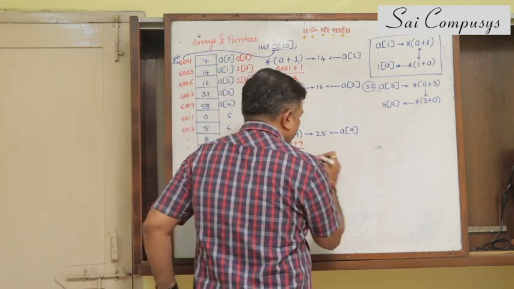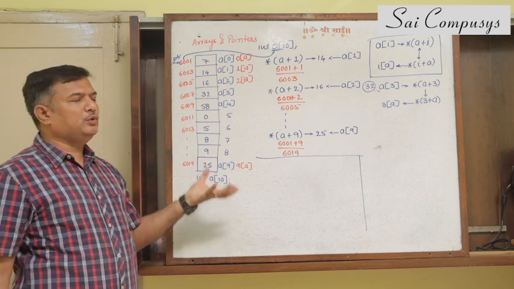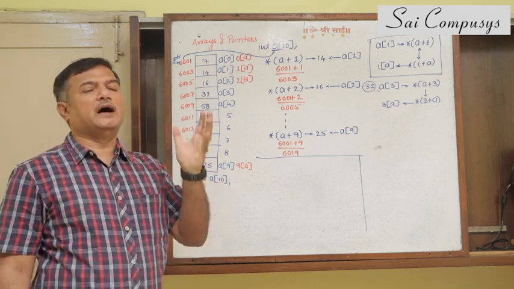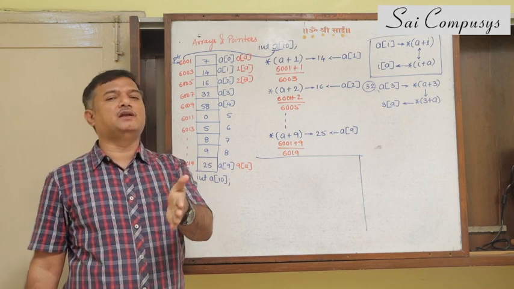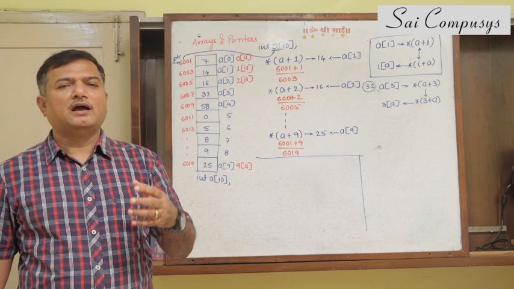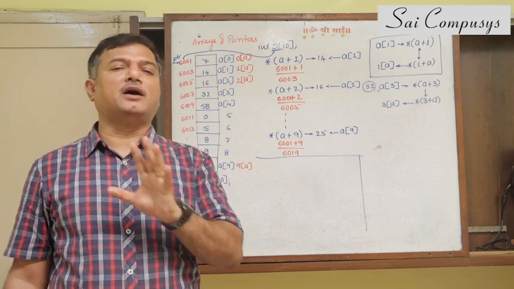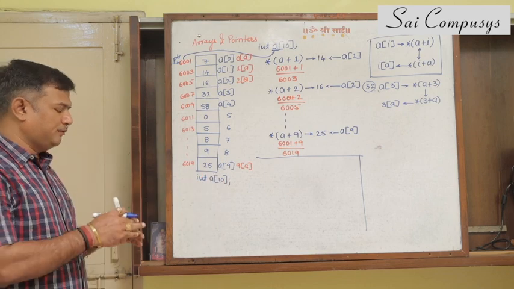Now, someone may ask you to write down a program related to arrays and pointers. Or someone may ask you to implement pointers in an array-based program. It's very simple. Let's say I am being asked to print an array, normal array printing. 10 elements array I want to print. What do I do?